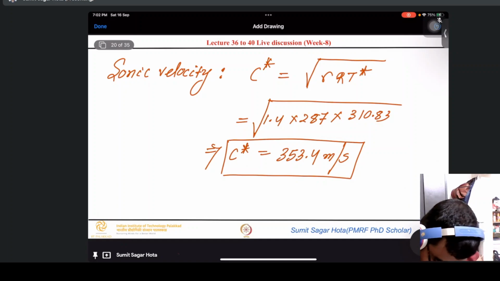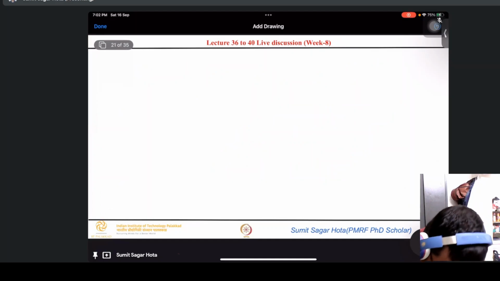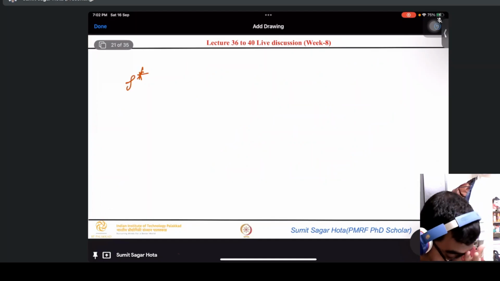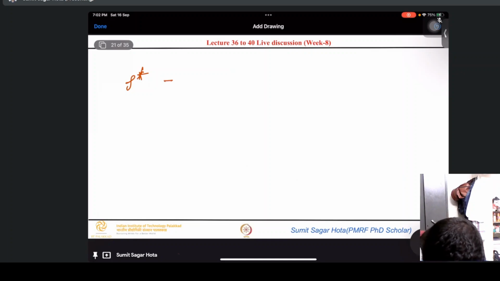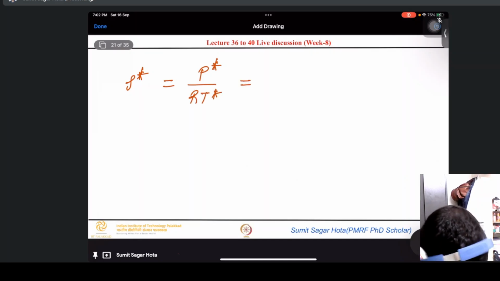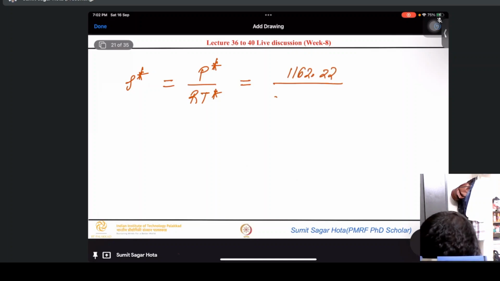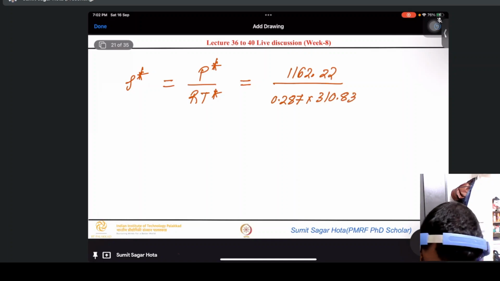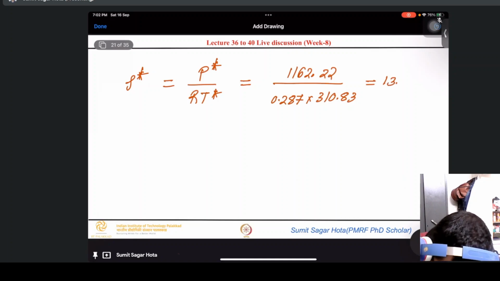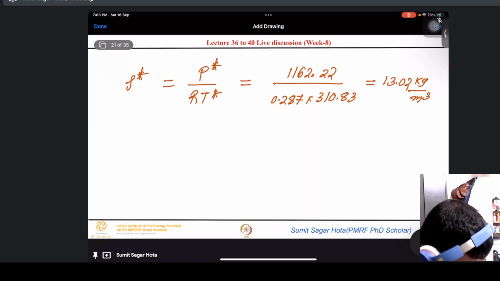Now rho star. What is rho star? From the ideal gas equation, P star by R T star, which is 1162.22 divided by 0.287 into 310.83, giving 13.02 kg per meter cube.